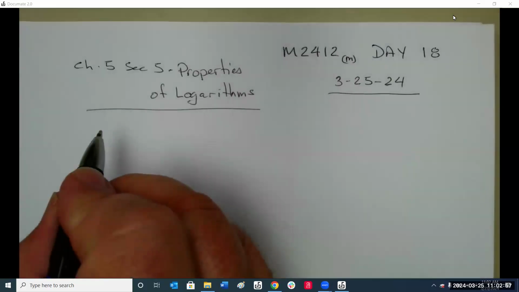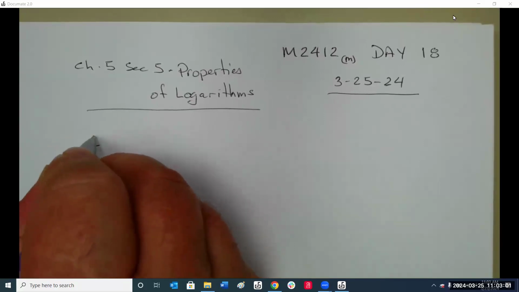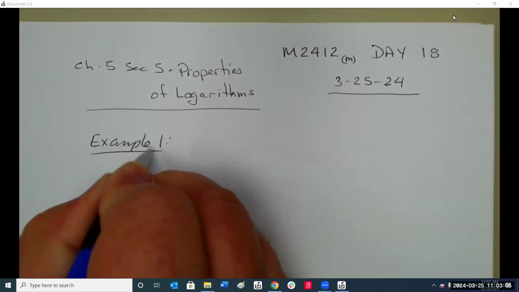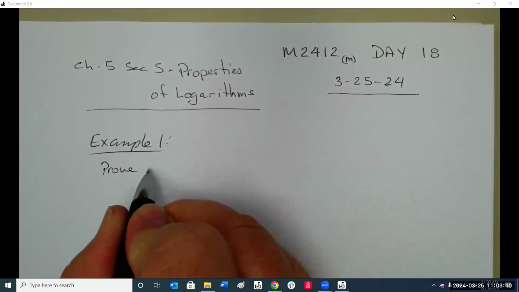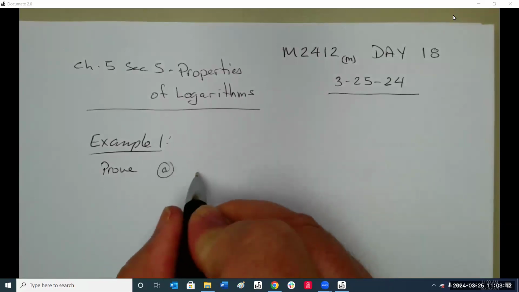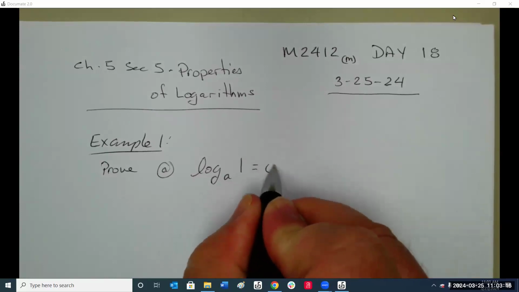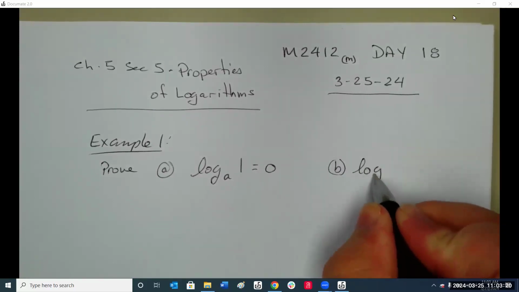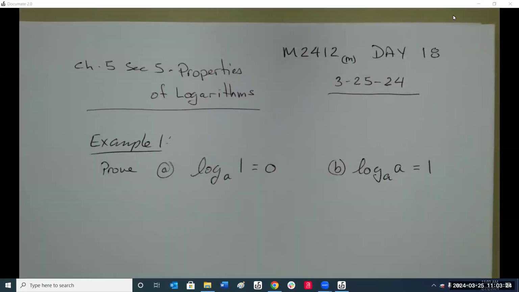All right. The properties. Let's look at example 1. Prove or show that log base a of 1 is equal to 0 and log base a of a equals 1.